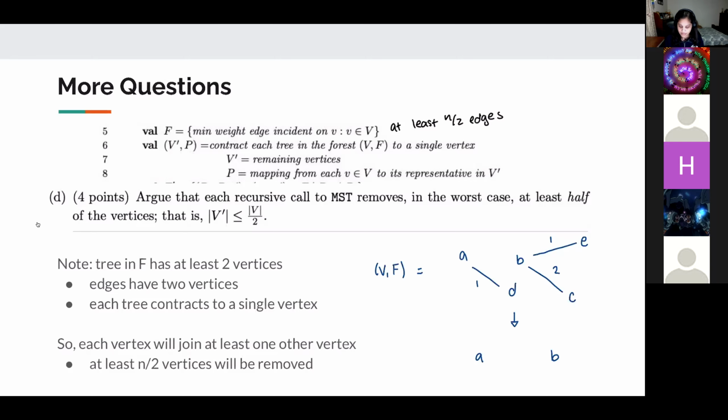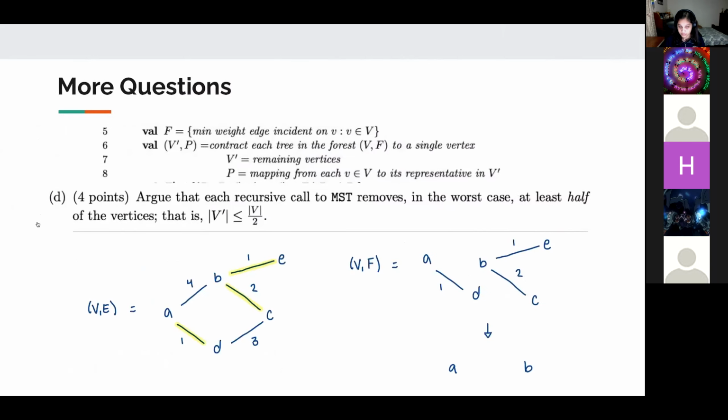Okay, so the reason there's at least n over 2 edges is because when we define F, each vertex will pick one edge to be its minimum edge incident on it.